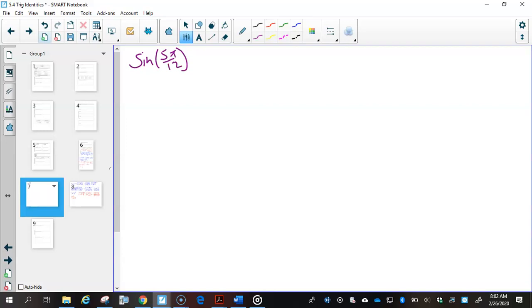Okay. Now you have some radian, 5 pi over 12. For this, you could do one of two things. Either convert this to a degree, figure out where that would be, and then multiply it by 2. Or work backwards, multiply it by 2 first, and then divide it by 2.